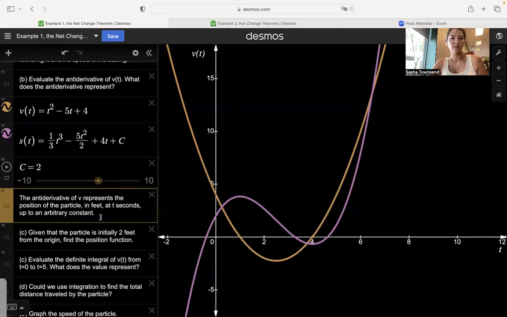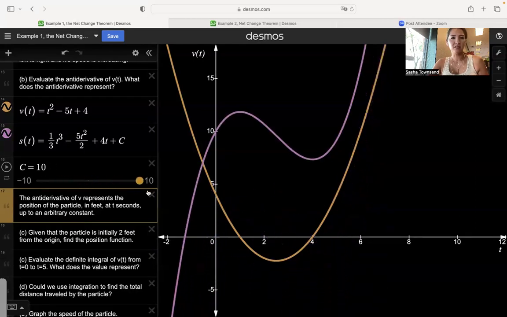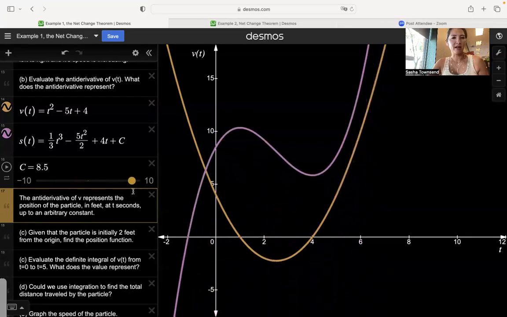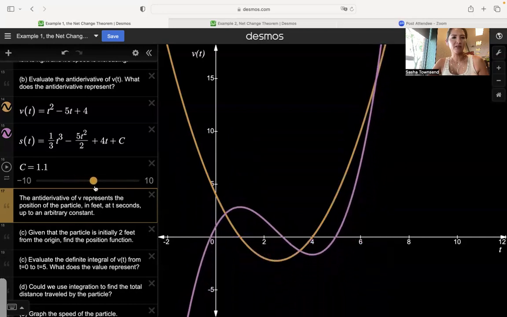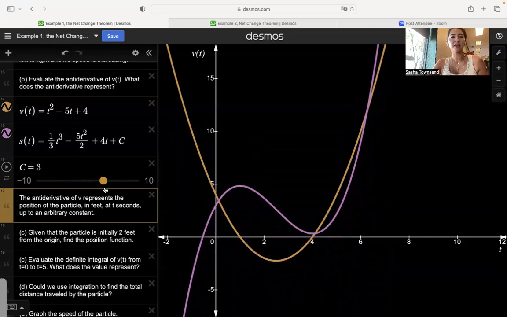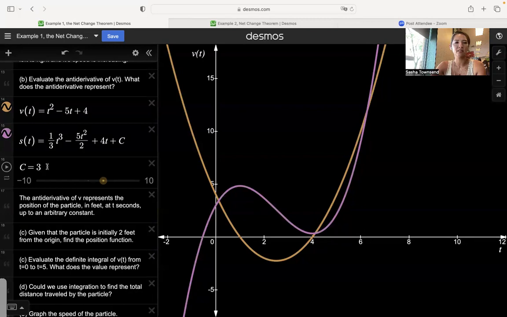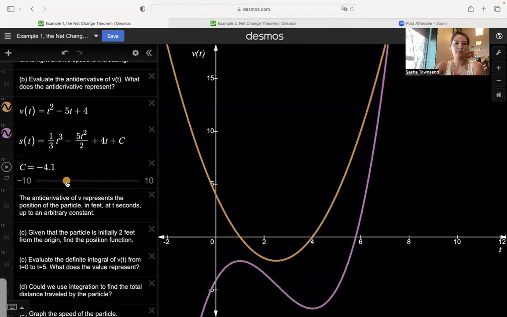So this pinkish purple function now is our position without an arbitrary constant in it. Technically, any of these functions has that derivative v, it has the correct velocity. But if I change my c value, what I'm actually changing is my initial position. If c is equal to 3, I'm saying that at time t equals 0 the position is 3.